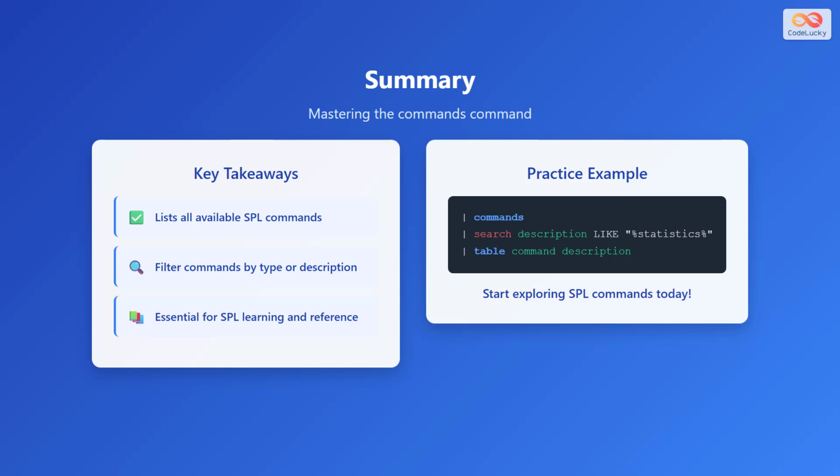The key takeaways are that this command provides complete visibility into all available SPL functionality, supports advanced filtering for targeted discovery, and serves as built-in documentation. To practice what you have learned, try running pipe commands pipe search description like %statistics% pipe table command description to find and display all statistics-related commands. Start exploring SPL commands today and enhance your Splunk skills.